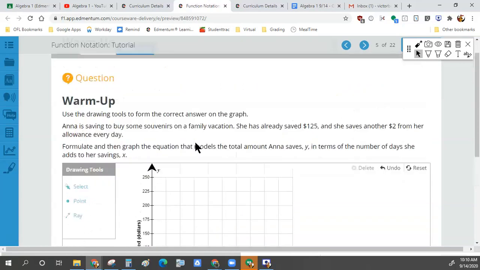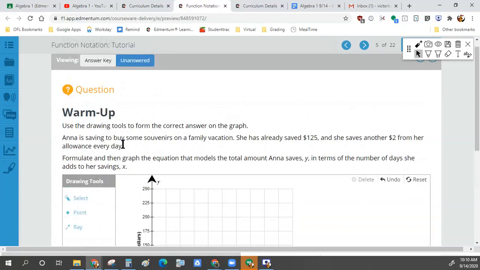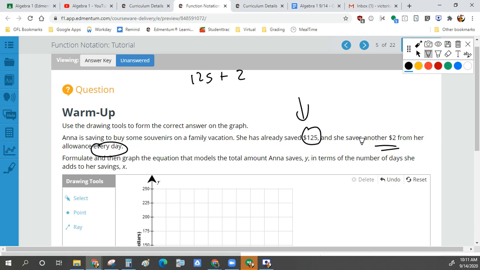So for a warm-up activity, we're saying that Anna is saving to buy souvenirs for her vacation. This is how much she already saved up, and she saves $2 every day. So every day she's saving $2. First we're starting off with 25, and then we're going to add this $2 times the number of days.